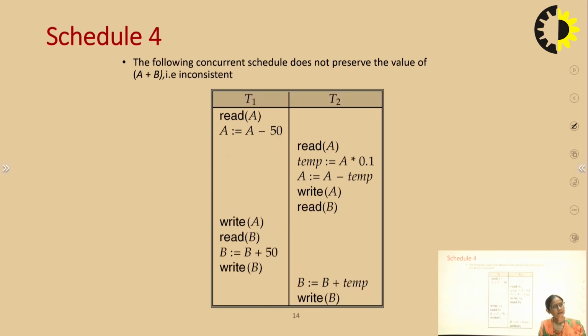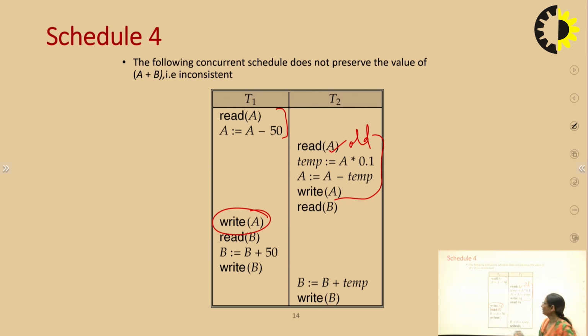Now see this example. Here we have just made the updations, but we haven't written the value back to the database. Clear? But here it starts reading the data value A. So what will happen when it reads the data value of A? It is reading the old value.